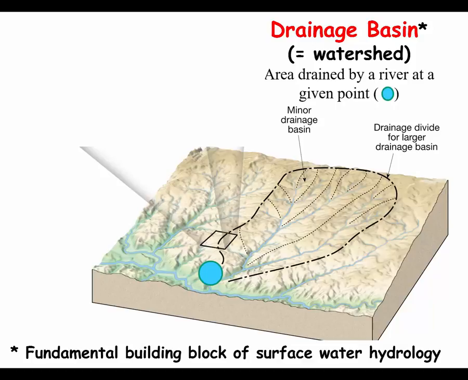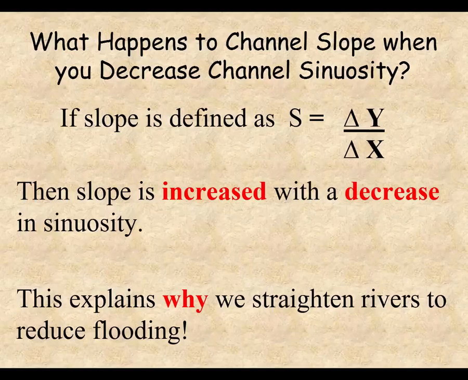Now, the problem with that, I'll just give you a foreshadowing of things to come. The problem with that is not that you don't decrease flooding where you channelize, you do. Now, there's actually a variety of problems related to the process, but one of the problems is that we almost never do it all the way down to the mouth of the river, which means that at some point where you stop channelizing, you end up slowing down.